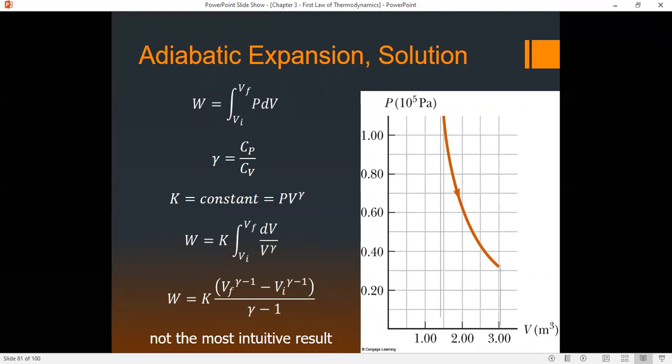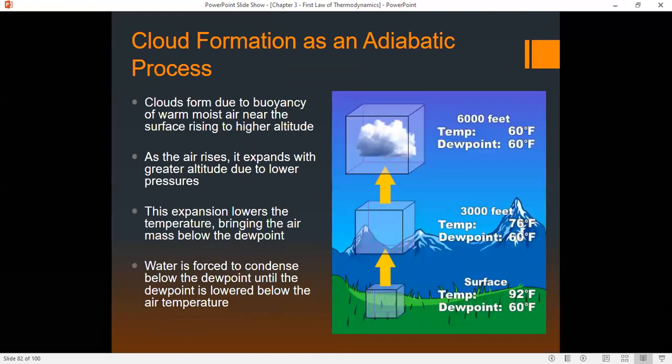I would have to really sit down and play with different substitutions here. But basically, you can come up with an analytical solution to the work being done. But that's not really important for what we're doing here.